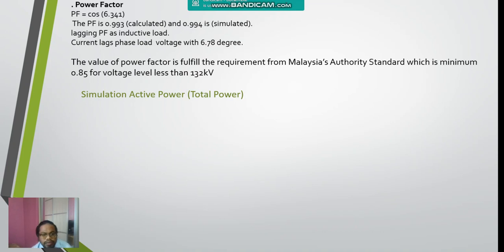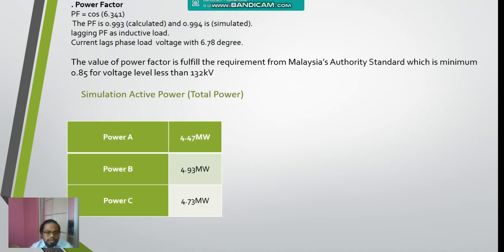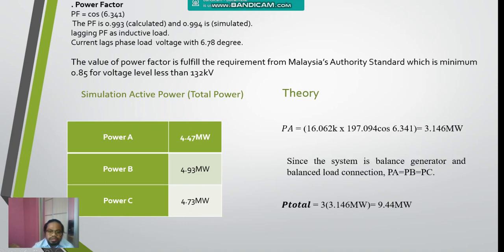So simulation active power total, this is from simulation, this is from theory. For theory and simulation it is different. This is 9.44. This for simulation 12 and above.